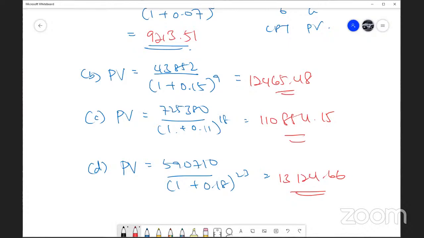Can you get? Cannot get? Are you okay? All can get. You all try with your calculator or not? Please try with your calculator. It's very important to know how to use your calculator. All right.